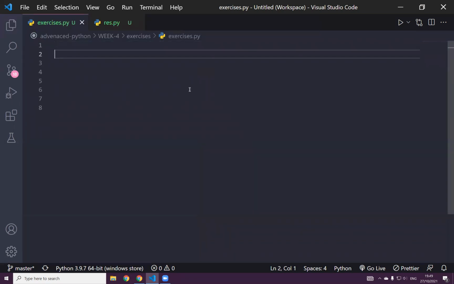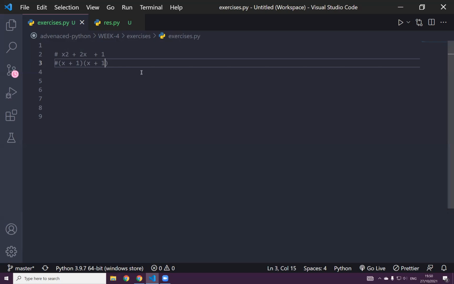Let's say, for instance, we have this function: x squared plus 2x plus 1. Another way you can write this is x plus 1 and x plus 1. The solution set is going to be x is equal to minus 1, so it has one solution.